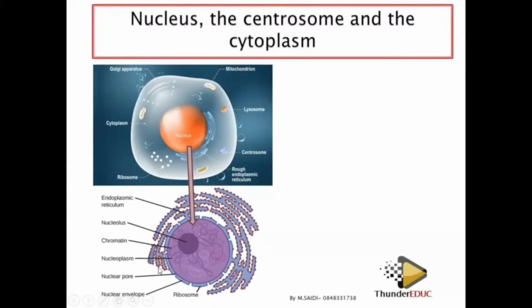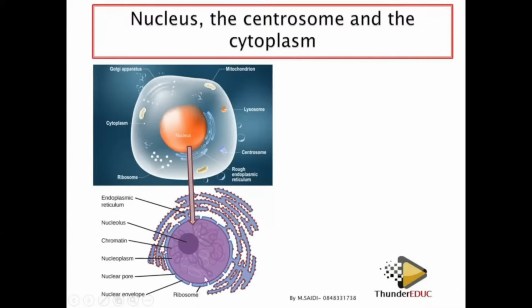It has the nuclear pores, the holes where substances go through, most especially messenger RNA in this case, and other substances. Then you have the nucleoplasm, the fluid of the nucleus. The nuclear envelope is what you call the nuclear membrane.